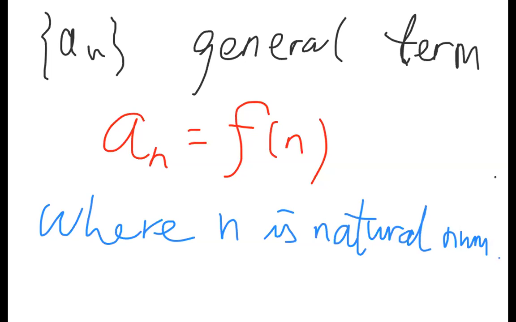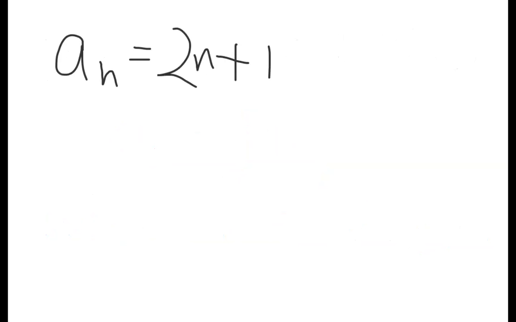So for example, if you have the general term as a_n is equal to 2n plus 1, that is the general term for a sequence a_n.